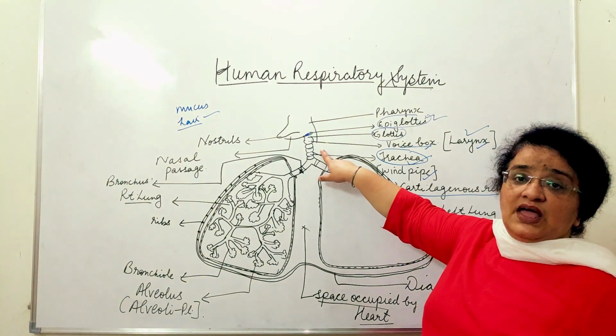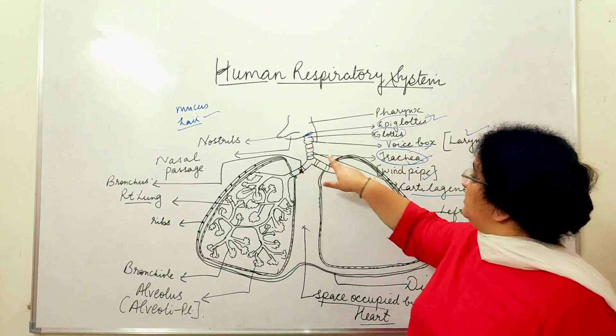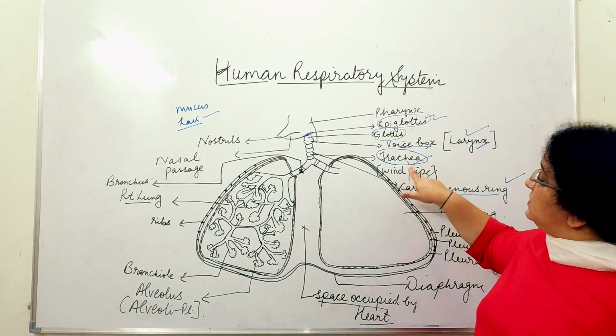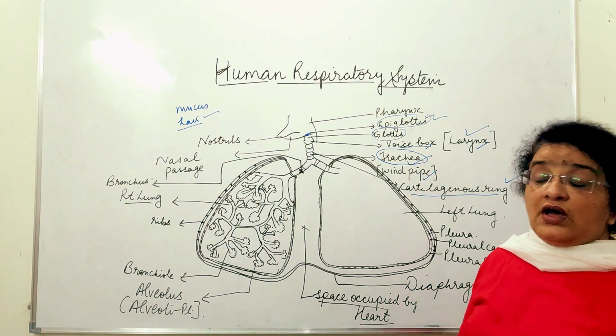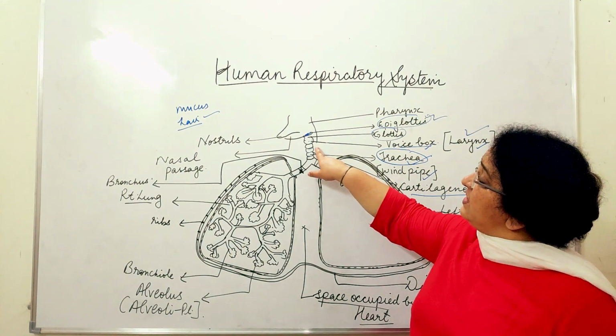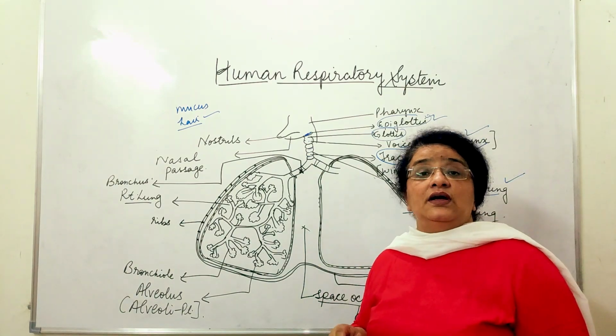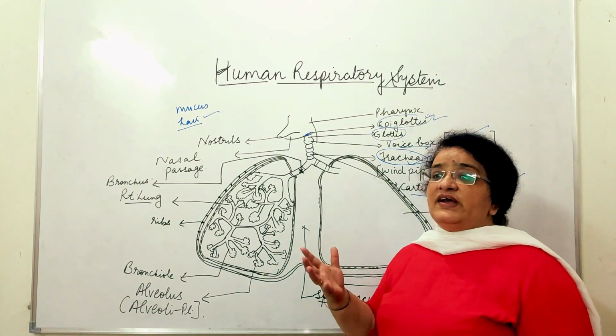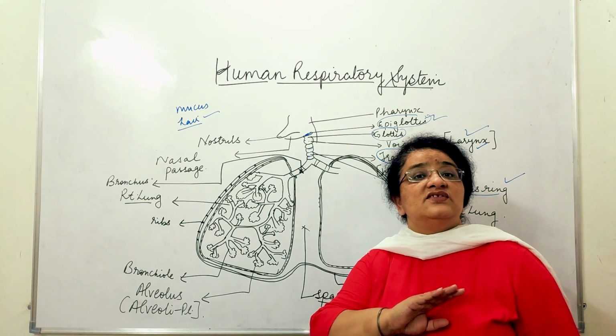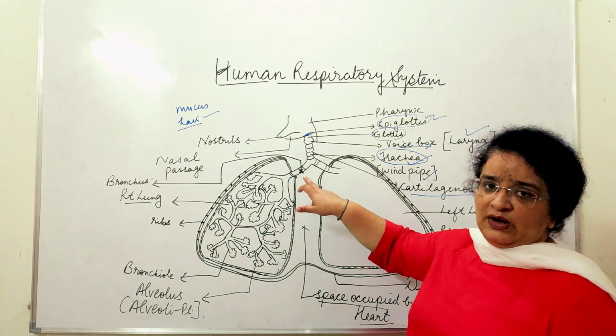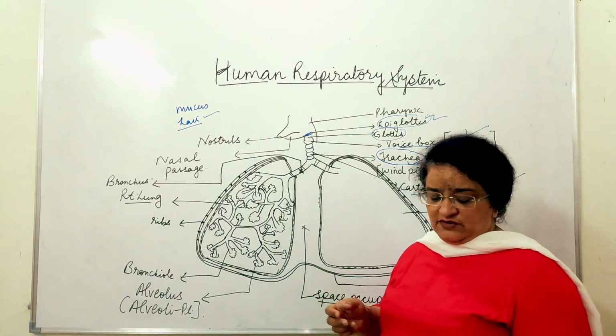So the presence of cartilaginous rings in the windpipe is a safety mechanism. An important question asked is: why are rings of cartilage present in the trachea? It is just to prevent its collapsing when there is no air present in the windpipe, for a fraction of a second, of course.